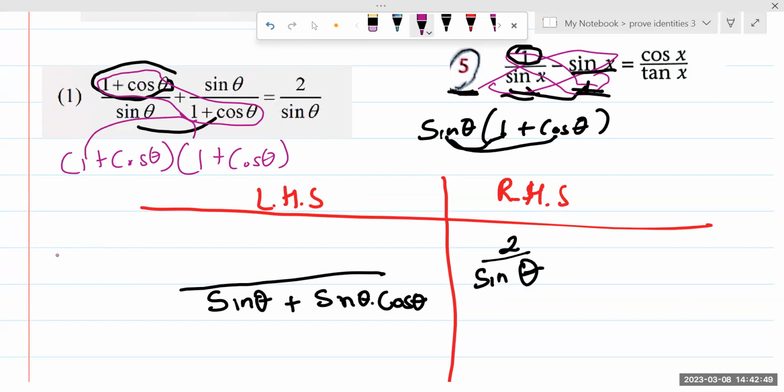So this one multiplied by this one. What is 1 times 1? 1. 1 multiplied by cos theta gives cos theta. Cos multiplied by 1, cos theta. Cos theta multiplied by cos theta, so you have cos square theta.